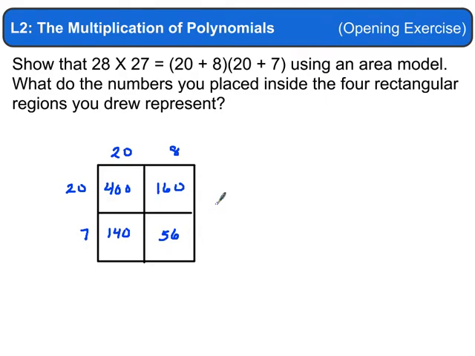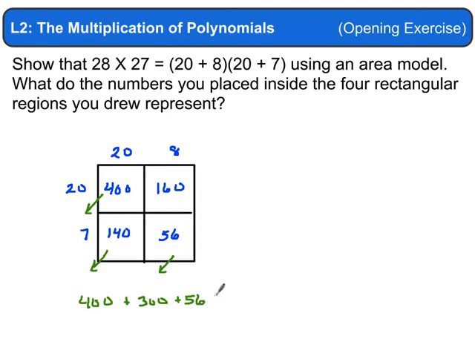So kind of the idea behind this model is we would then add up all these numbers. And just to kind of get ahead on this idea, we would kind of take numbers out by diagonal. So if I took this number out right here, that would be 400. If I took all the numbers out in this diagonal, 160 and then 140, that would be 300. So we'll put plus 300. And if we took all the numbers out in this diagonal, that would be 56.